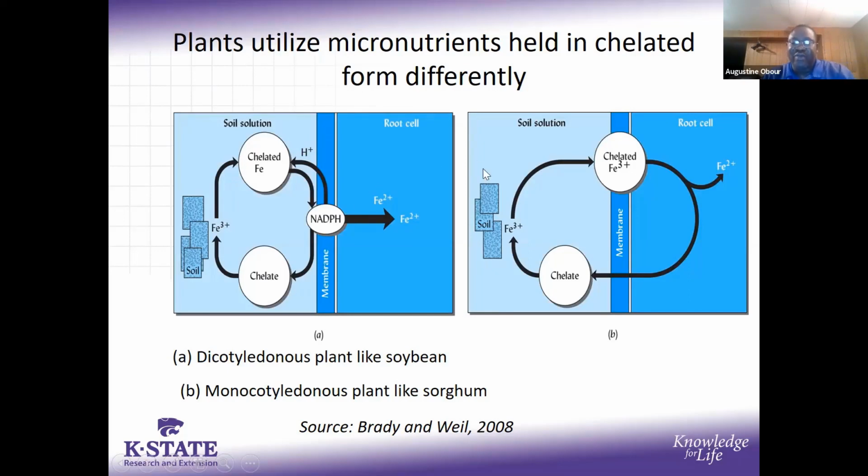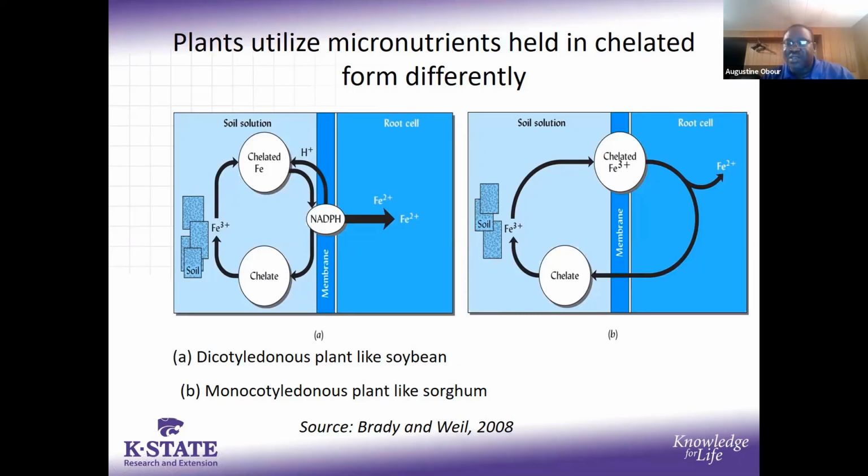However, when you come to the figure on my right, which is the strategy 2 plants, like the monocots like sorghum, the same process, you have Fe3+ in soil solution, it combines with a chelating agent to form a chelated Fe3+. However, the difference is when it gets to the membrane, instead of being reduced, the whole chelate and iron complex moves across into the root cells.